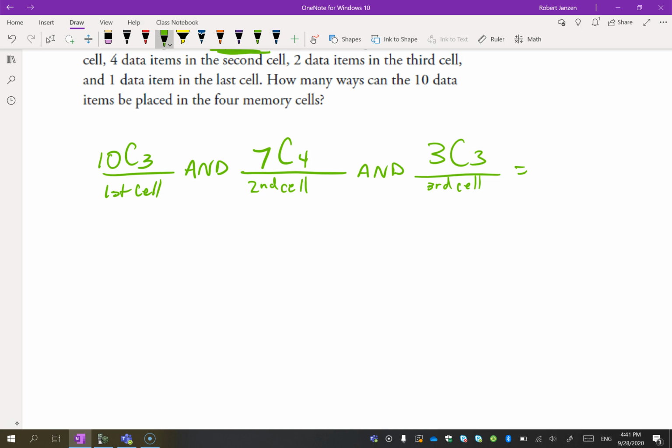Okay, so to do this question, 10 choose 3 is 120. 7 choose 4 is 35. And 3 choose 3 is 1. So there are 4,200 ways to place the cells.